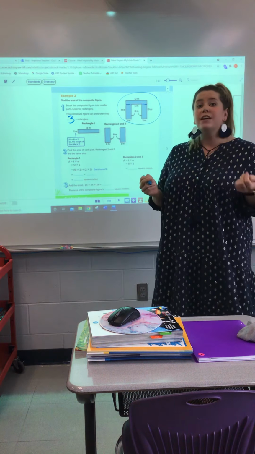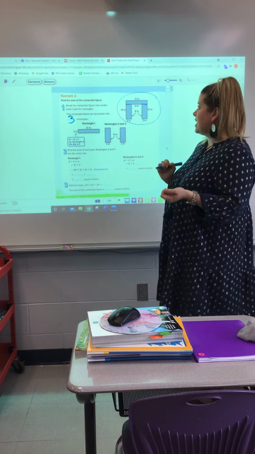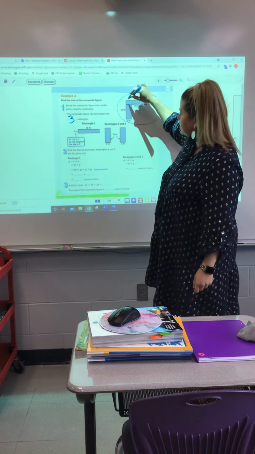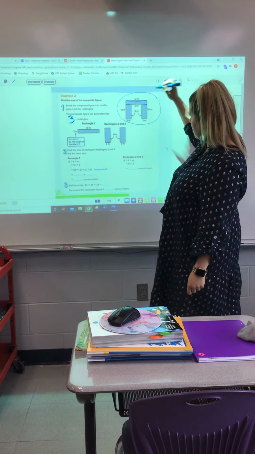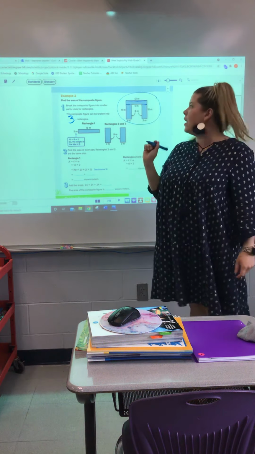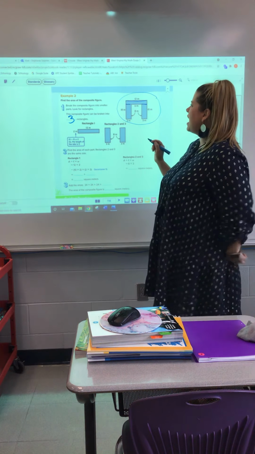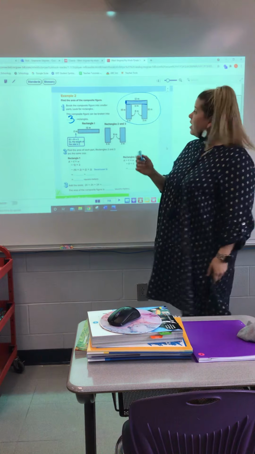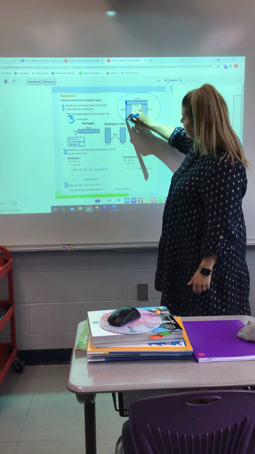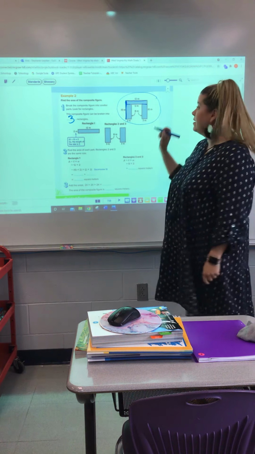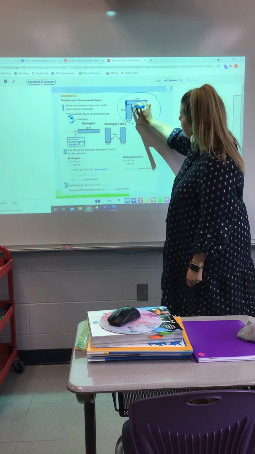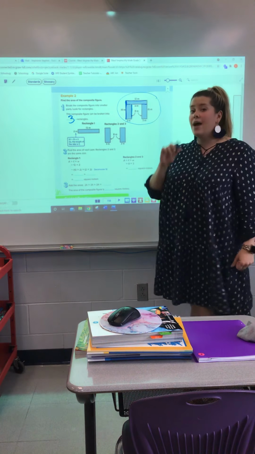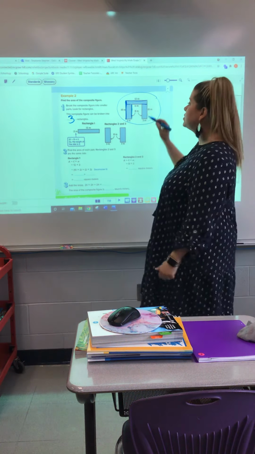So now we need to figure out the area of each rectangle. Okay, well I can tell that this rectangle has a length of 12, but how do I figure out how wide it is? Okay, well I know from here to here is 10. From here to here is 8. Well, I know that 10 minus 8 equals 2.